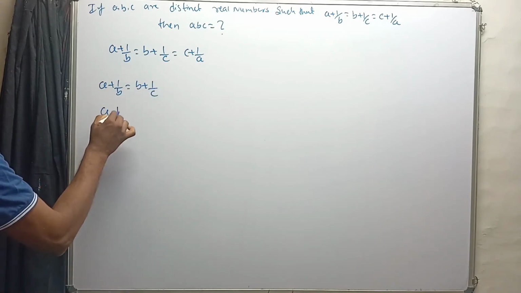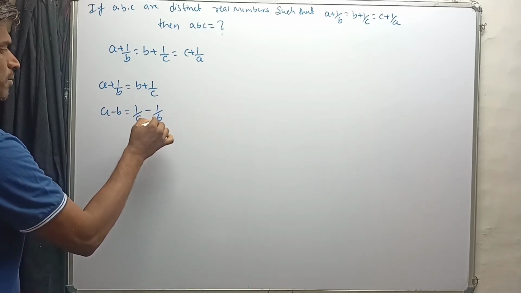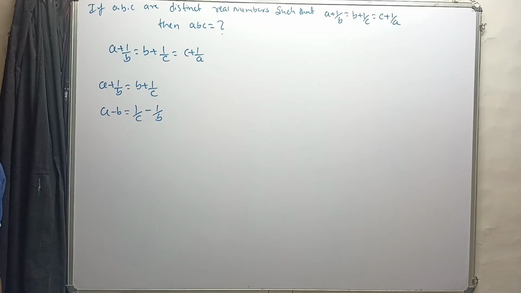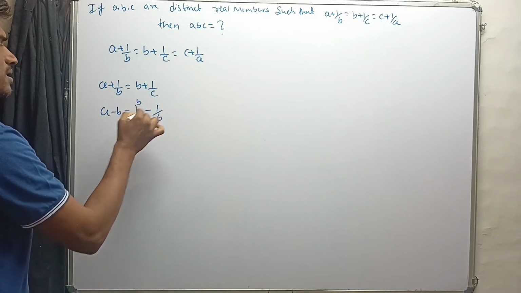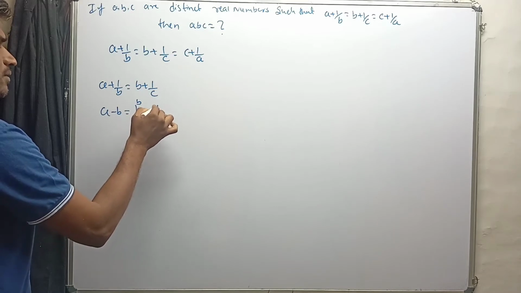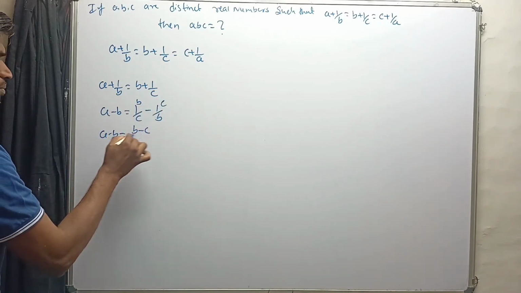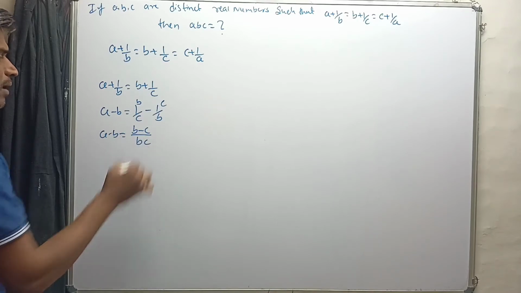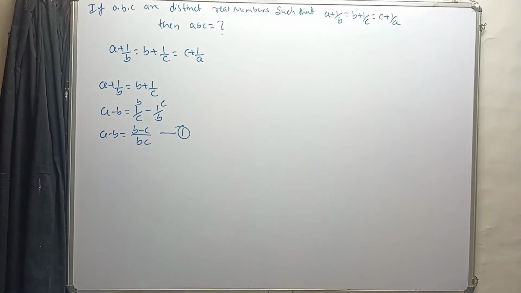Then we have A minus B is equal to 1 by C minus 1 by B. Let's find the LCM of B and C, that is BC. So A minus B is equal to B minus C divided by BC. Let's say it as equation 1.